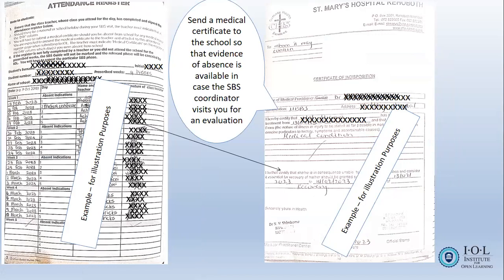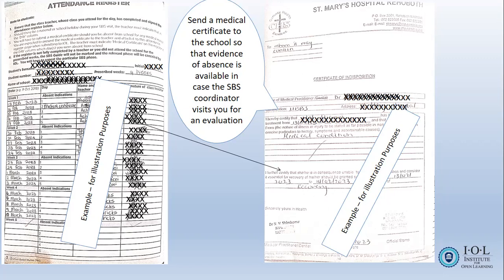We see we have the date in the first column. Then in the second column, if you were sick, you will indicate the day there that you were sick, and the student there even wrote that there was a medical certificate, and the medical certificate must be submitted as well.